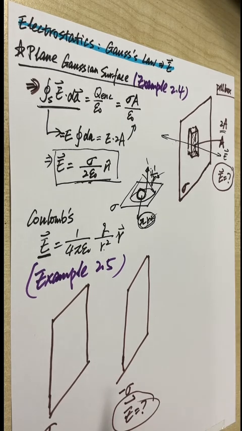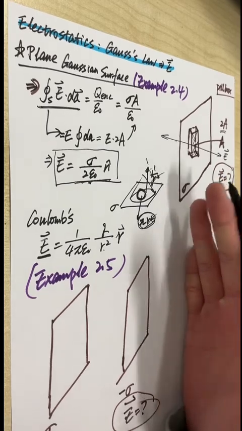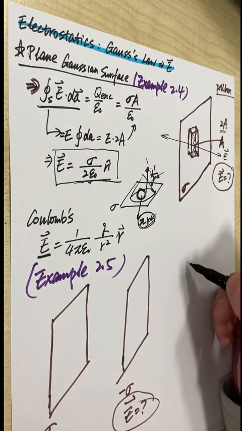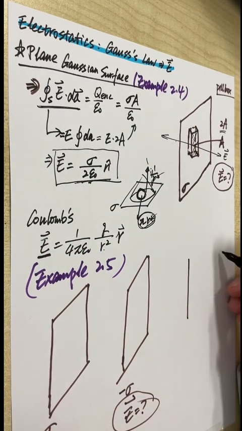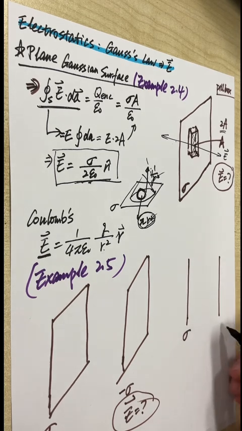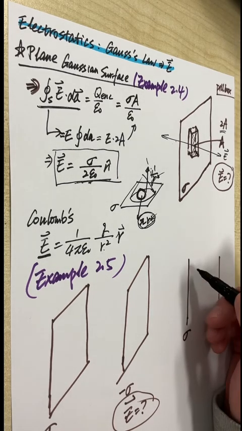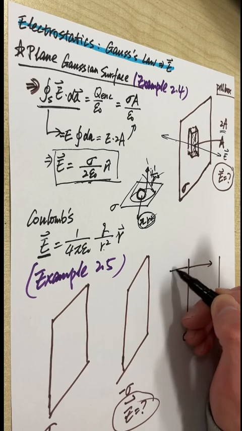So there are also two ways of looking at this. One way is if you consider the planes to be perpendicular to this piece of paper. So I have one plane, another plane. One is positive charged, another is negative charged. From the positive charged plane, we have electrical field coming out.